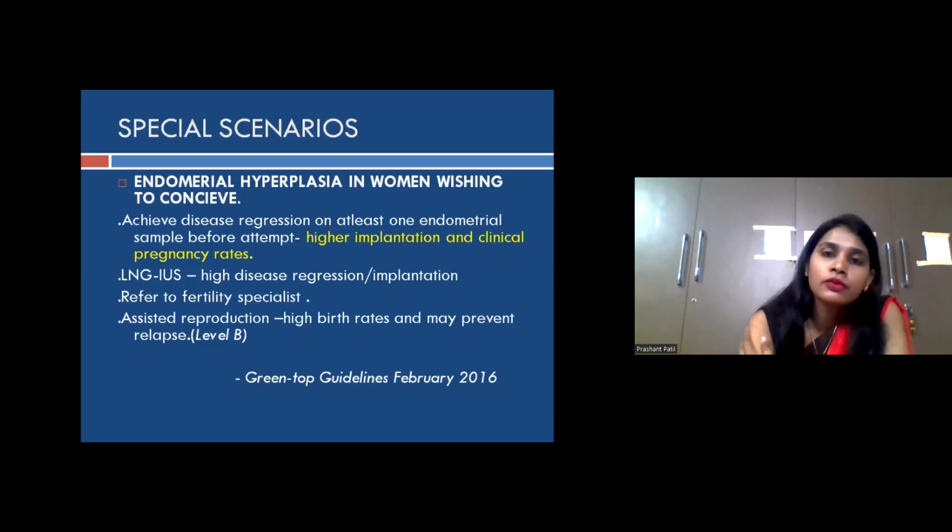Now, some special scenarios we need to consider are those patients who want to conceive. In cases of endometrial hyperplasia, we have to achieve disease regression as early as possible. Like we have already seen, we have to put on LNG, and we have to do a follow-up every 3 months. There has to be at least one sample showing disease regression before we attempt a pregnancy, because that is known to increase the implantation and clinical pregnancy rates.